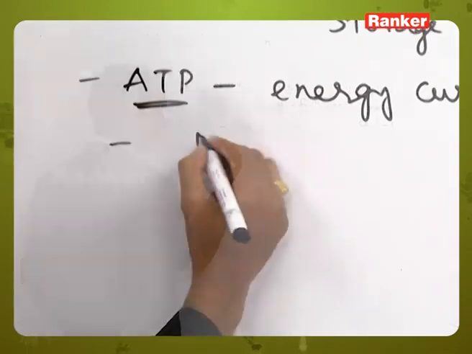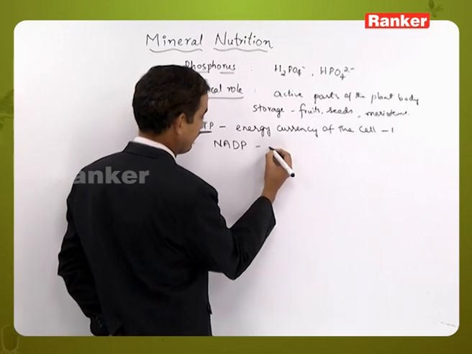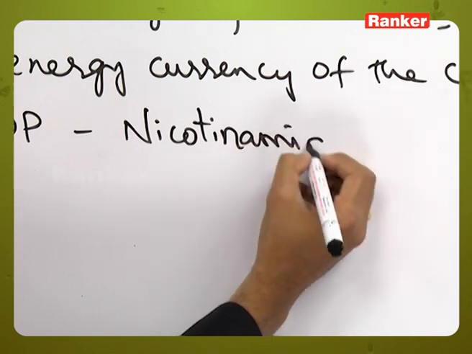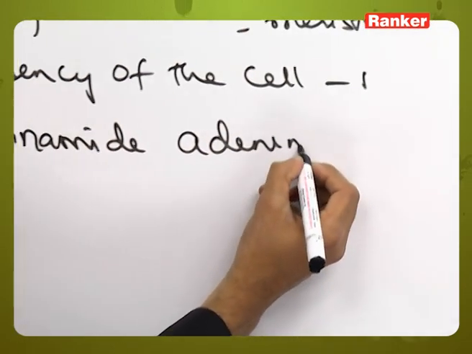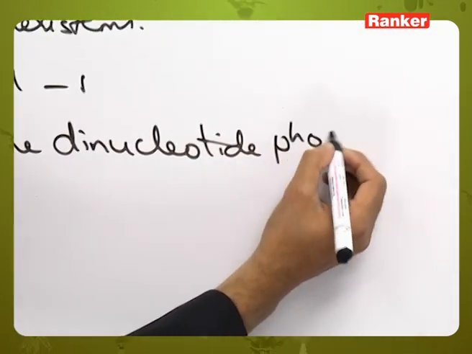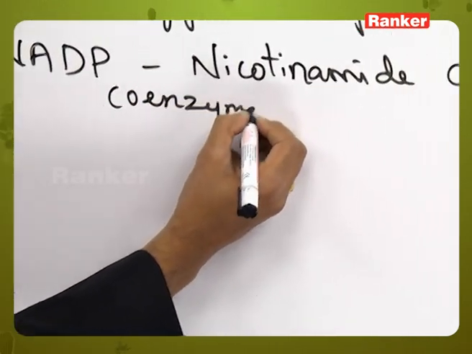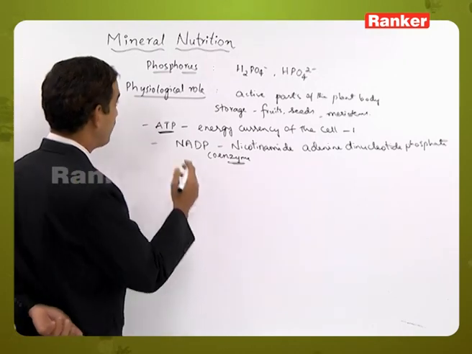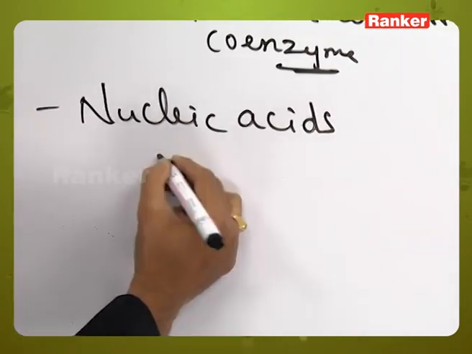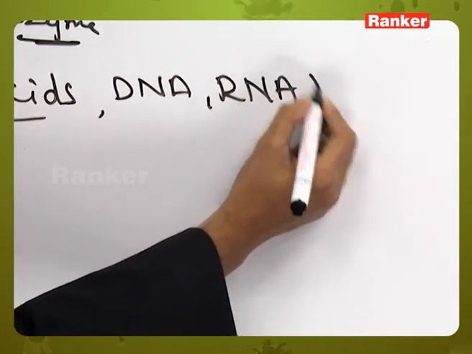Apart from that, it is also a major constituent part of nicotinamide adenine dinucleotide phosphate, which is a type of coenzyme molecule. It is also present in the nucleic acids, because the nucleic acids are DNA and RNA molecules.